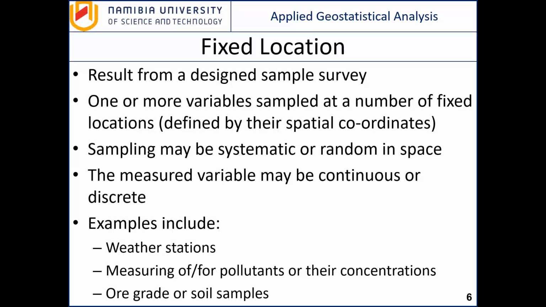What is important is, first, of course, that it is in Bandung, and then the continuous measurement of this data, meaning moisture, humidity, wind, temperature, and so on. But it is normally part of a designed sample survey.